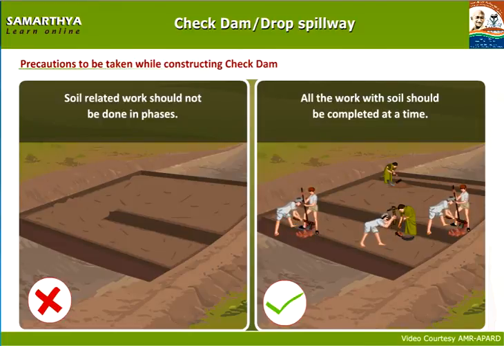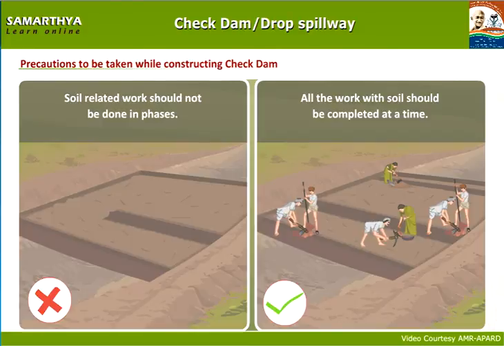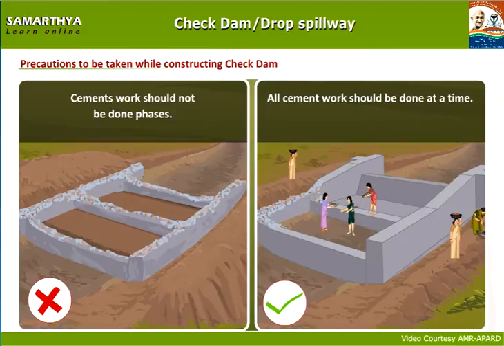Soil-related work should not be done in phases, that is, doing some work today and remaining the next day. All the work with soil should be completed at a time. All cement work should be done at a time.